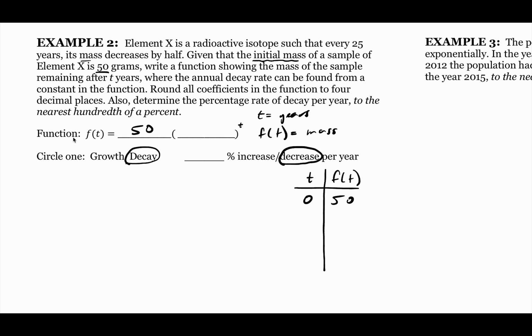Every 25 years, right, it's going to cut in half. So that means in 25 years, it'll have 25 milligrams left. And in another 25 years, it's going to have half of that, which is 12.5. And so on and so forth. Okay, so let's write down what we have. We have f of t equals 50 times b, right? To the t power.